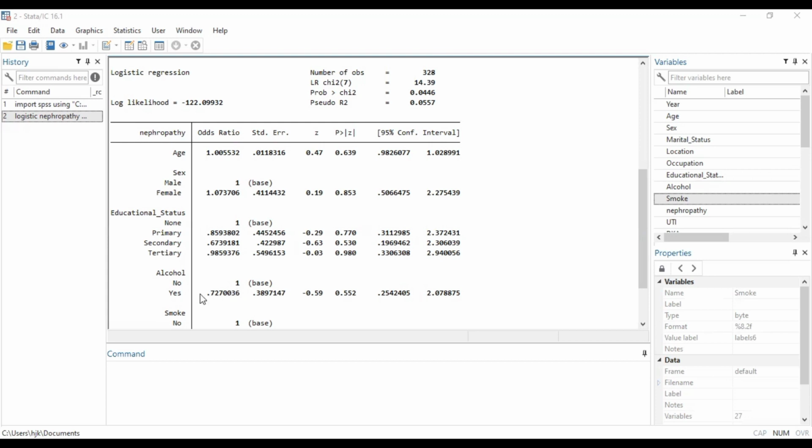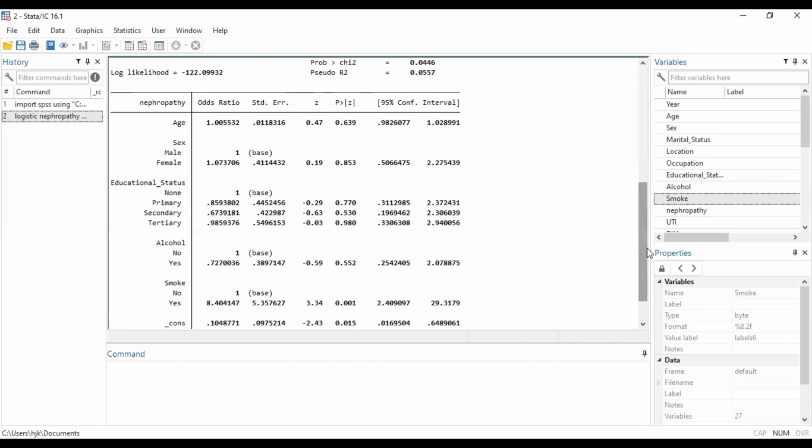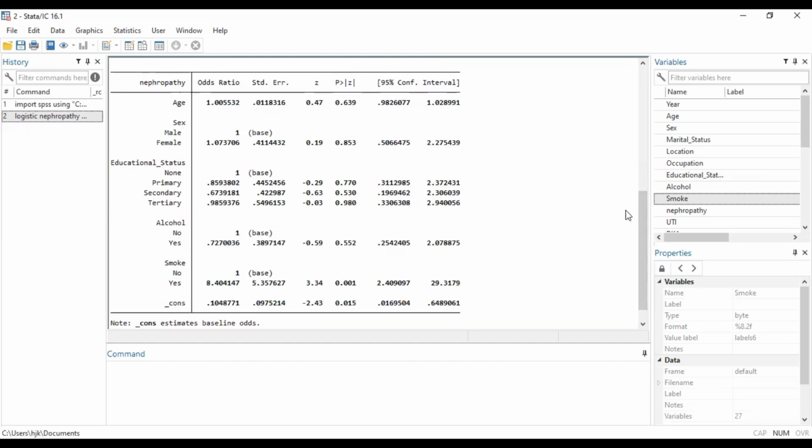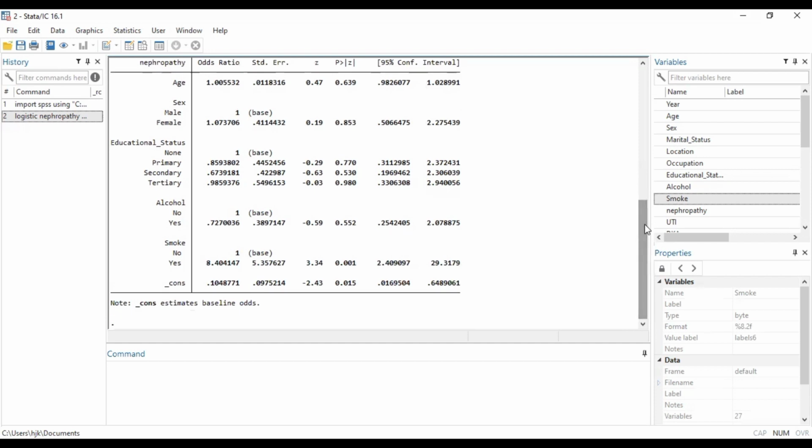So in effect, what it's trying to say is that this alcohol intake may be protective in developing nephropathy. So usually, when the odds ratio is less than 1, it means that there's a reduced odds of getting the disease in that category. And it could also be interpreted in some angles to mean that it is protective.